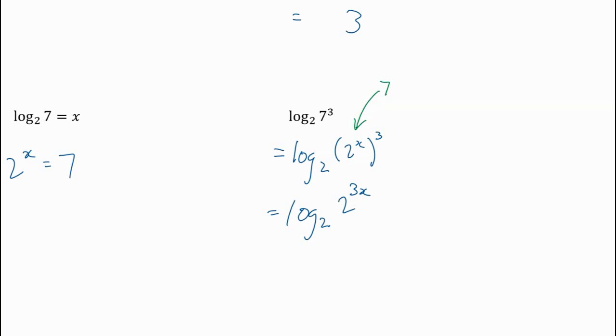Log base 2 of 2 to the 3x equals 3x. Are people thinking that? Yes, good, right? Because the base is 2 and then the argument has a base of 2. So it's just equal to the exponent.